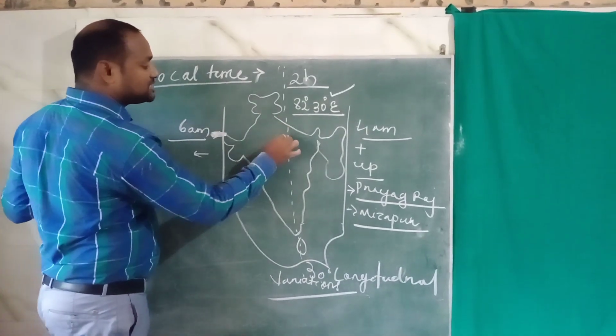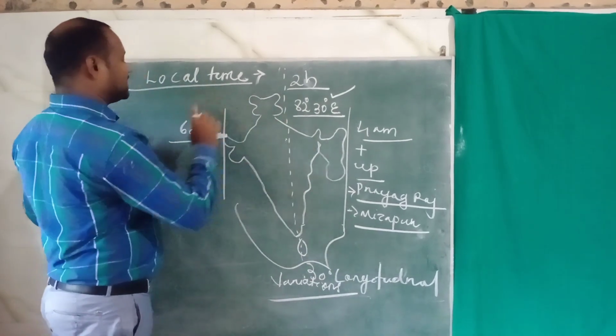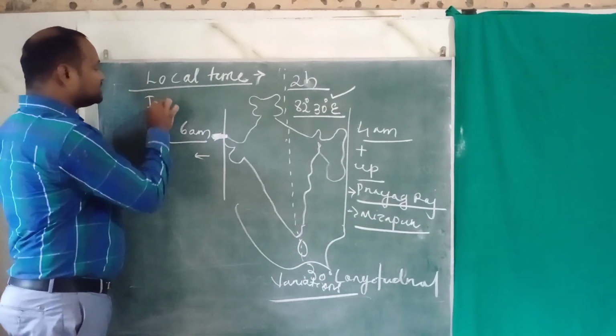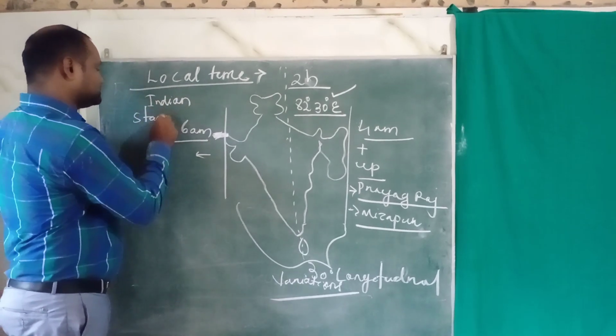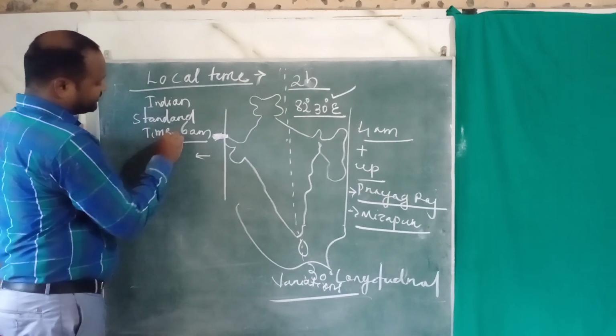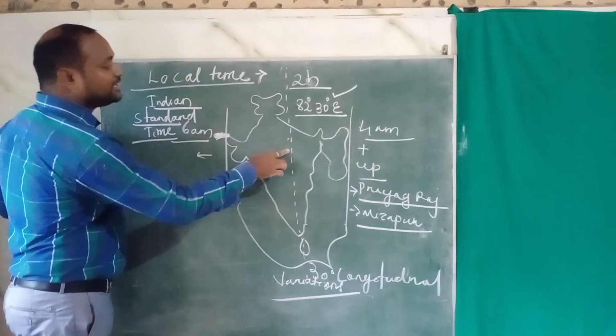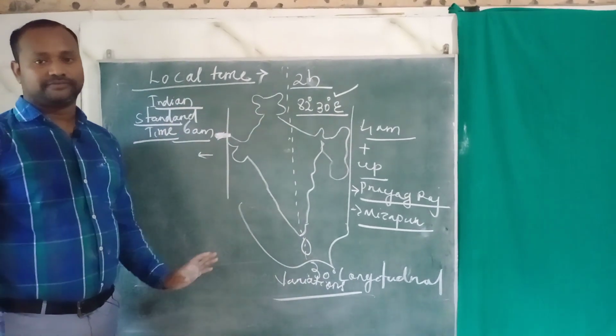The time of this longitude is followed by the whole country. That's why it is called Indian Standard Time. So this is the Indian Standard Time which is followed in the whole country.